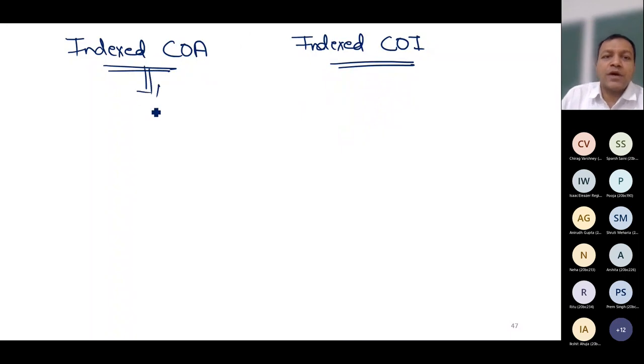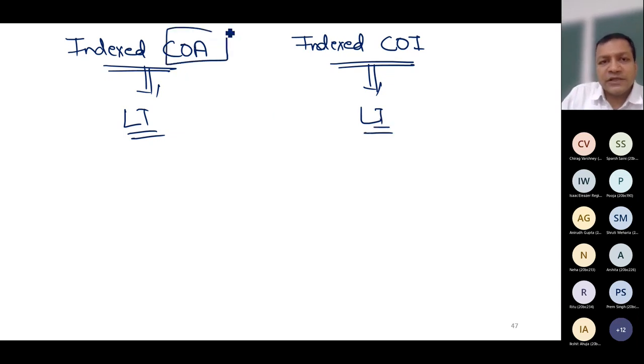These two are requirements for long term. To compute long term, COI and COA are a must. So whatever work you have done for short term computation is also required for long term. In fact, in long term, one extra task is that you have to first convert cost of acquisition into indexed cost, and similarly convert cost of improvement into indexed cost.